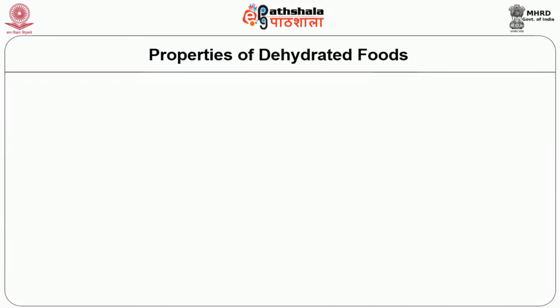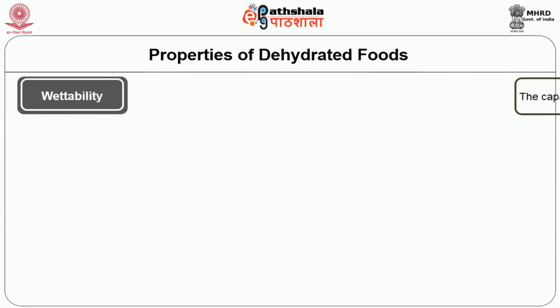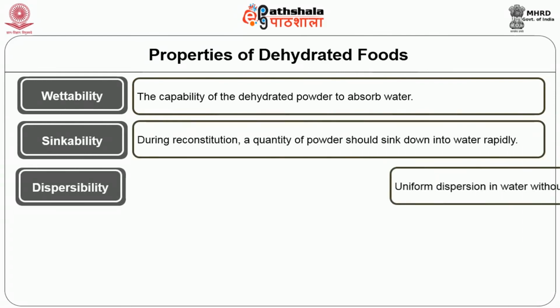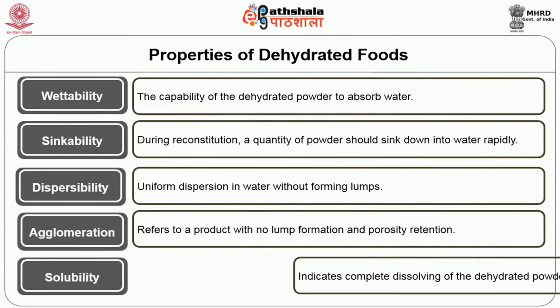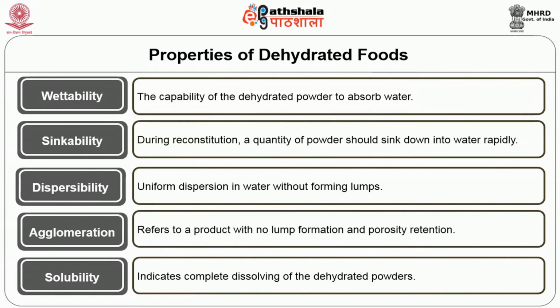Finally, let us discuss the properties of the dehydrated foods. The dehydrated products are analyzed with respect to the following properties. The first one is wettability. The capability of the dehydrated product to absorb water is termed wettability. Sinkability means during reconstitution, a quantity of powder should sink into the water rapidly.